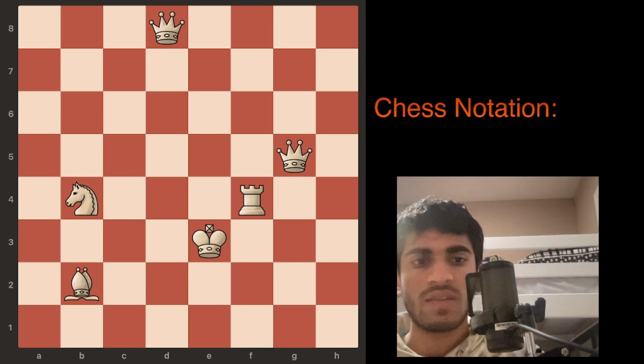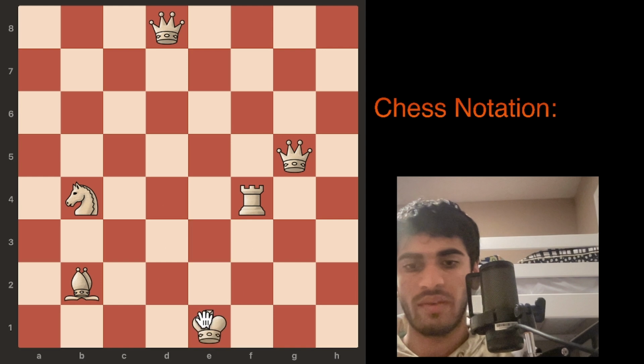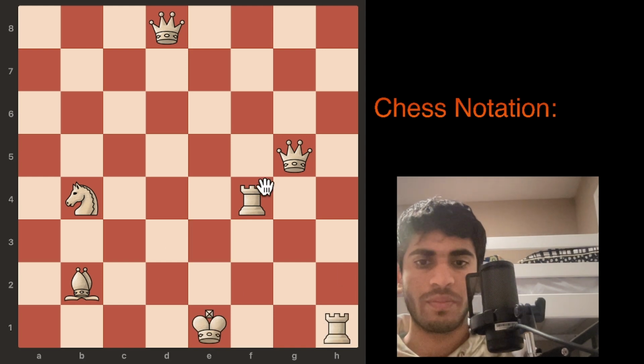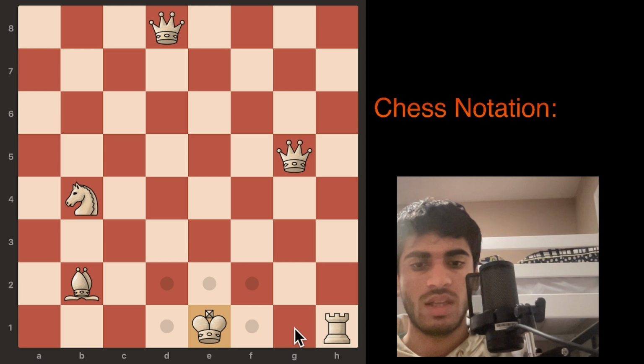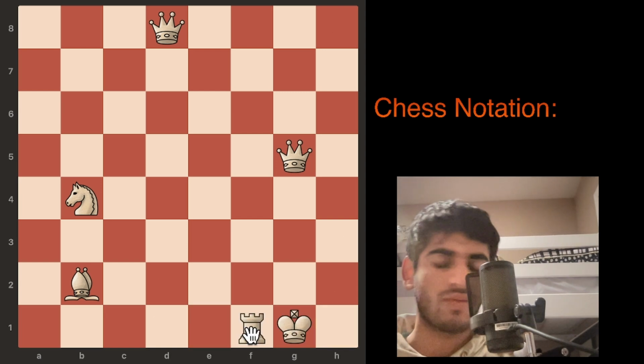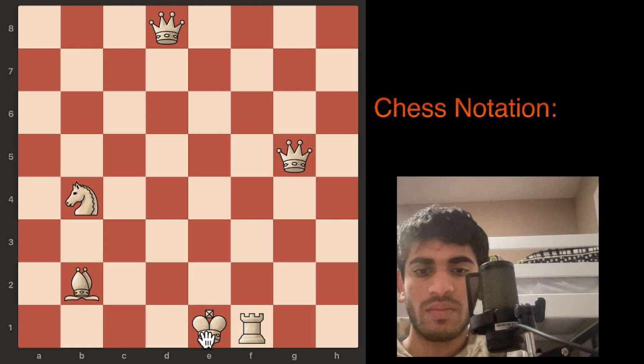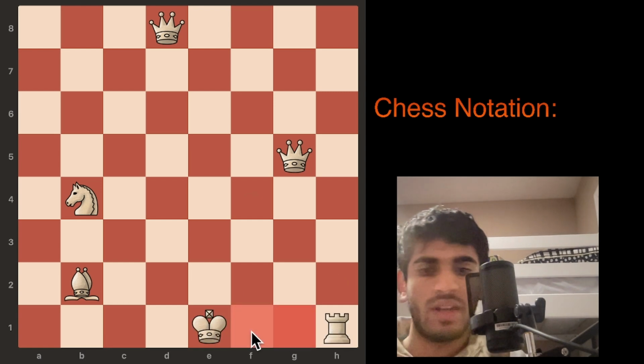And let's suppose you have a situation where you haven't castled, right? Then this kingside castling situation is denoted by two O's with a dash in the middle, kind of indicating the fact that the rook travels two squares.